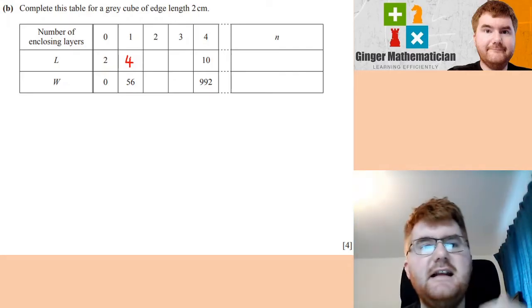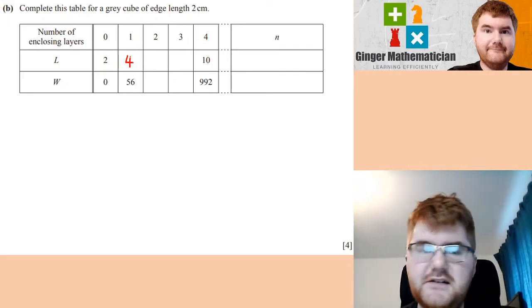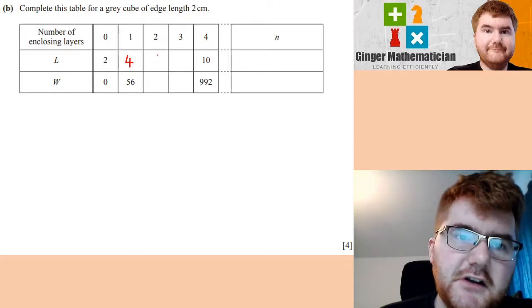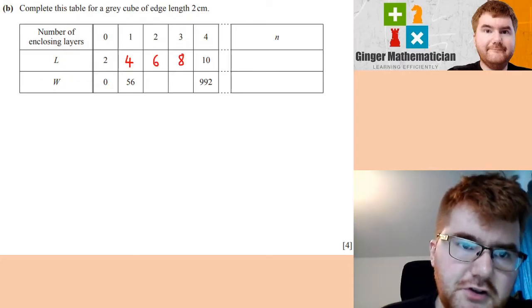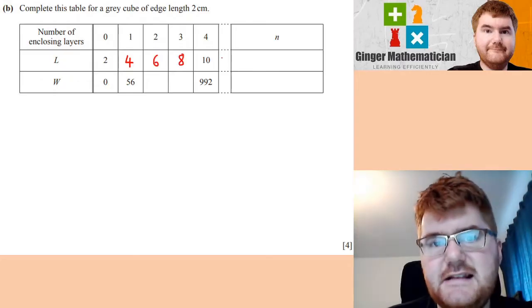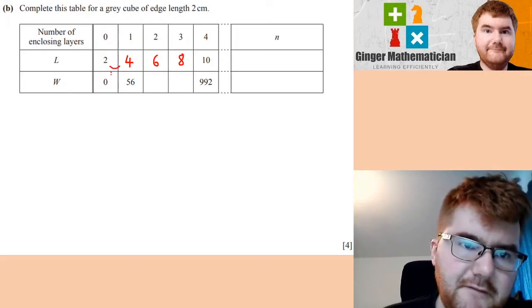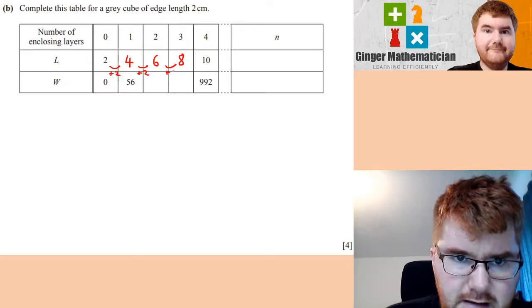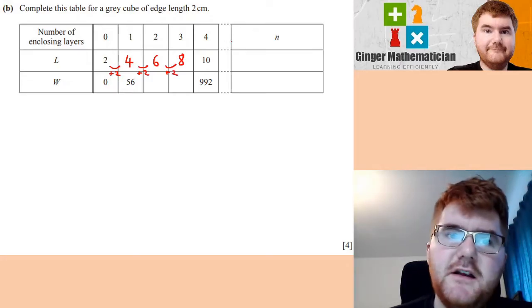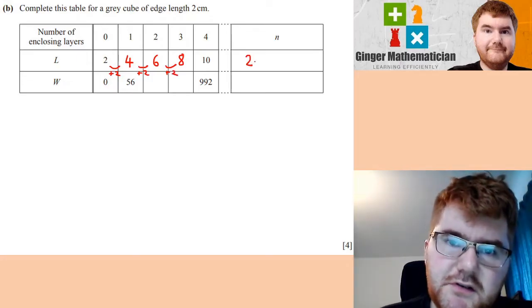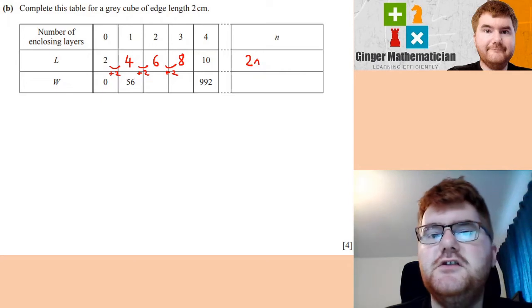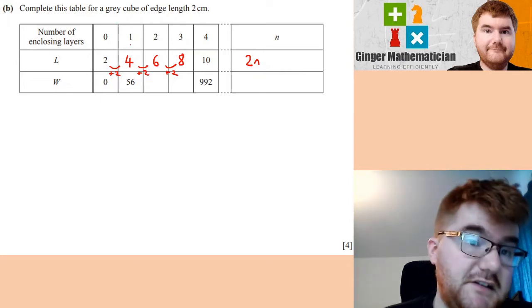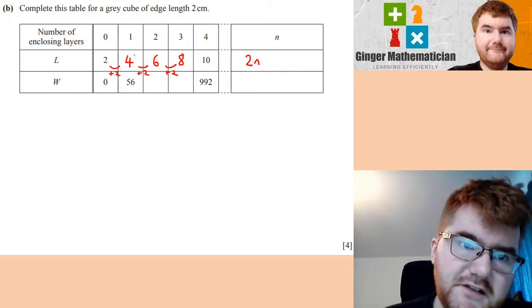Now notice the enclosing layer is still 1 centimeter thick, so this is still going to go up in 2s. So 2, 4, 6, 8, 10. So we're still going to have this plus 2 going on. And again, we can work out the nth term here. So we're going up in 2s. And then what do we do to 2 to get to the first term of the sequence, not the 0, but the 1, the first term 4?